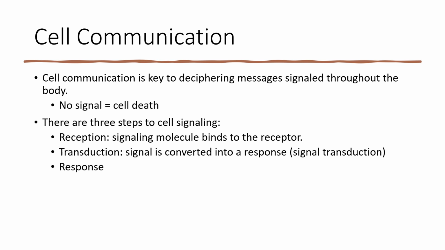This is when the binding of the molecule to the receptor leads to a conformational change, and the signal is converted into a form that the cell can respond to. Also, this activates the second messengers, which are used for GPCRs to decode the signal. And then step 3 is the response to the signal.